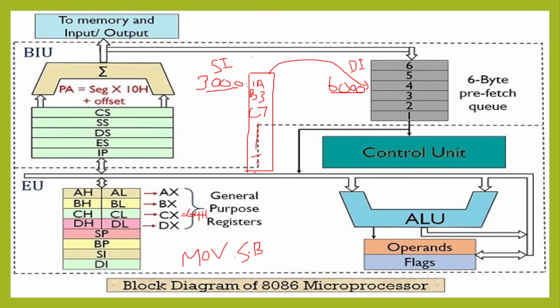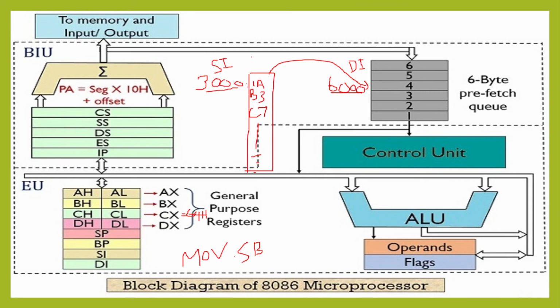So it will refer to the source index, take one data, copy it into the destination index and refer to the CX. CX is not 0, so again it will go to the next data B3, copy from 3001 and paste it into 6001. Likewise it will repeat 100 times by decrementing the CX by 1 for every instruction execution.